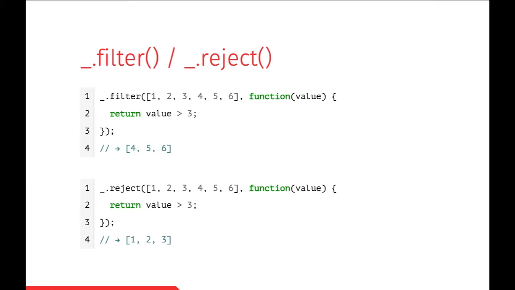And if we use reject, if the function returns true, it will discard that value. So it's the opposite of filter. This way, when we work, we can change just this word. We can replace filter with reject and get the opposite result.